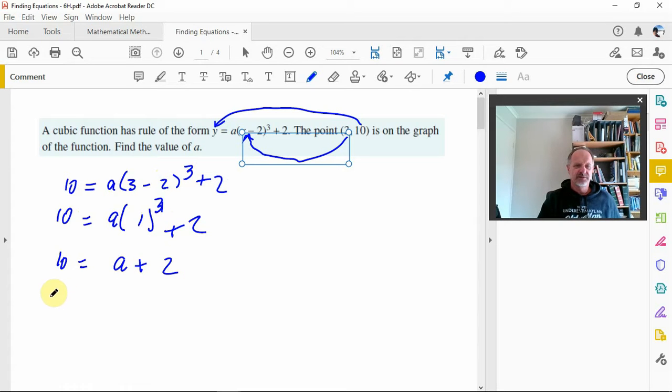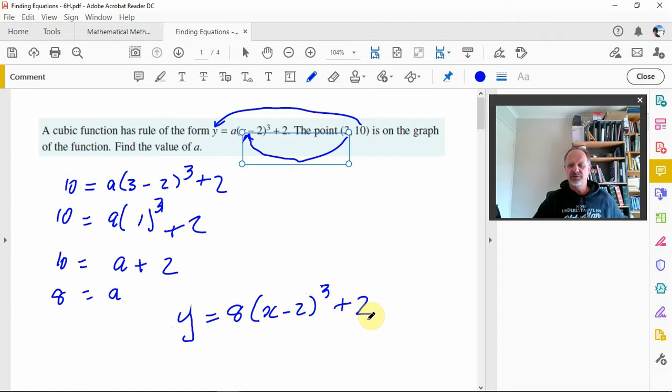Take 2 from both sides. So a is 8. So we found the value of a is 8. And so for this particular one, it would be 8(x minus 2)³ plus 2. And for that equation, the line would go through 3 and 10.